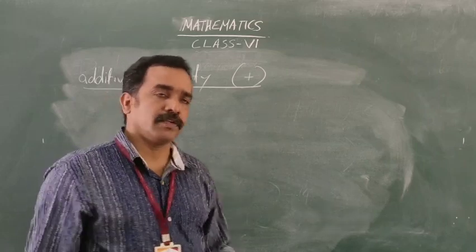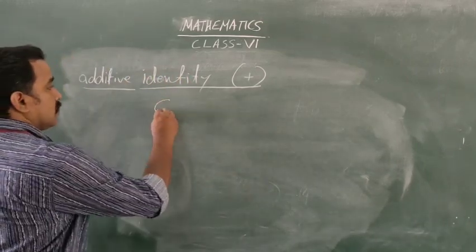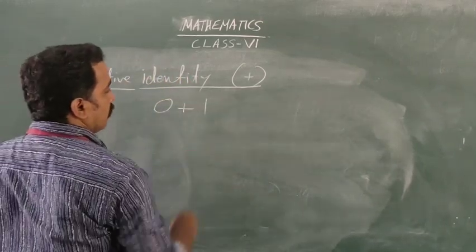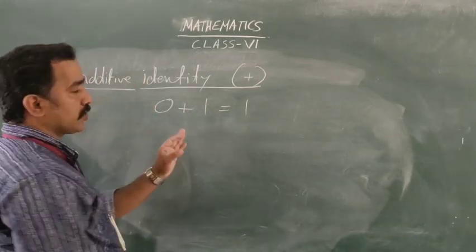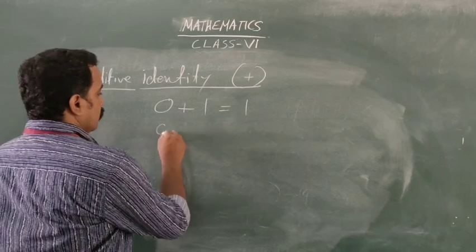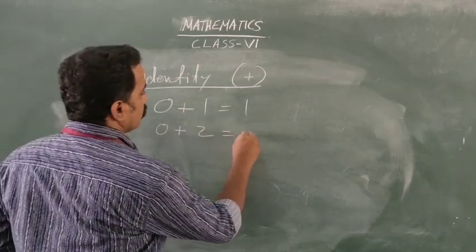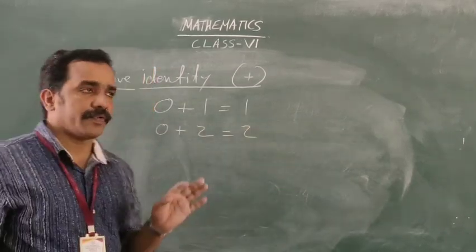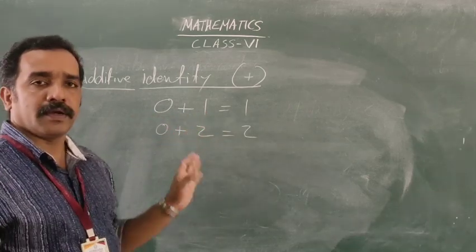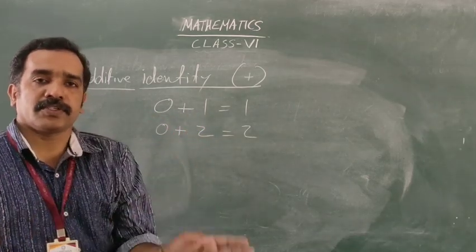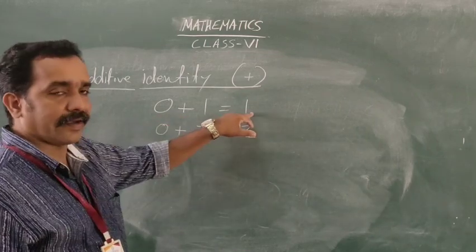It will not change. For example, 0 plus 1, 1. And 0 plus 0 is 0. 0 plus 2 is equal to 2. Whenever we are adding 0 to any number, that number's identity is not changing. That identity retains.